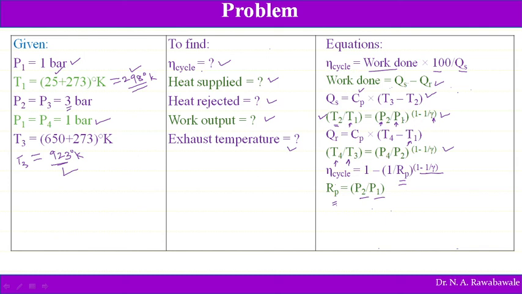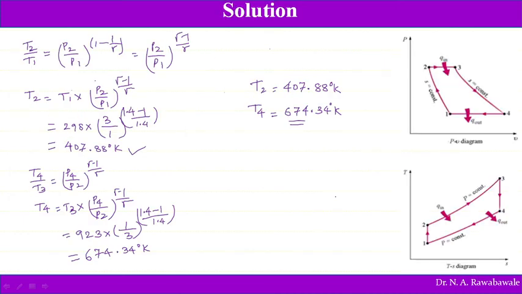Here we have obtained cycle efficiency, heat supplied, heat rejected, work output, exhaust temperature also is known, that is temperature T4. There is another way to find out cycle efficiency using the pressure ratio formula.